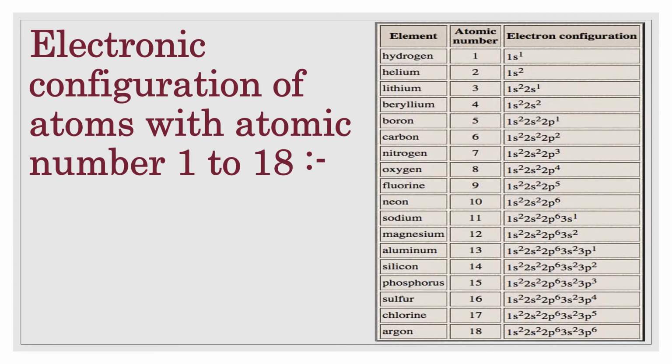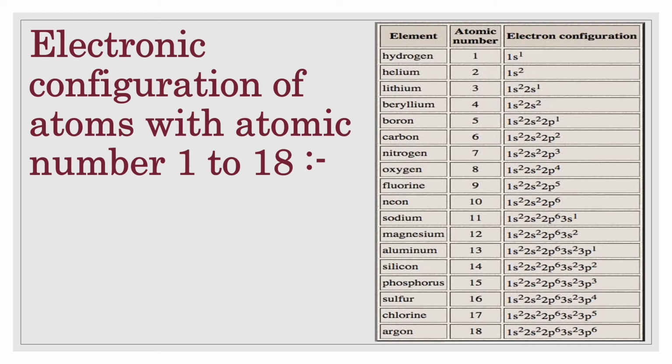Similarly, there are certain more configurations from 1 to 18 given over here. Using this, you can write the electronic configuration of the whole periodic table. But you have to keep in mind how to select the subshells. For example, sulfur contains 16 electrons.